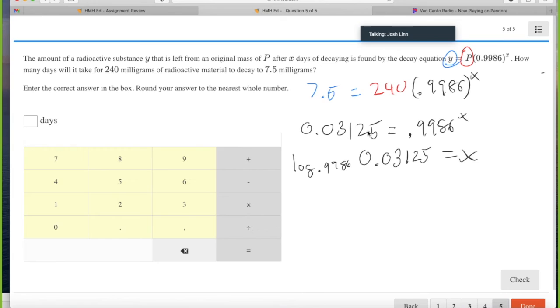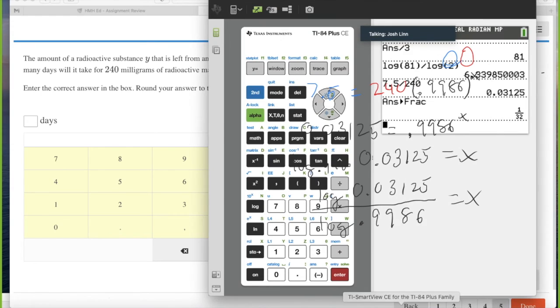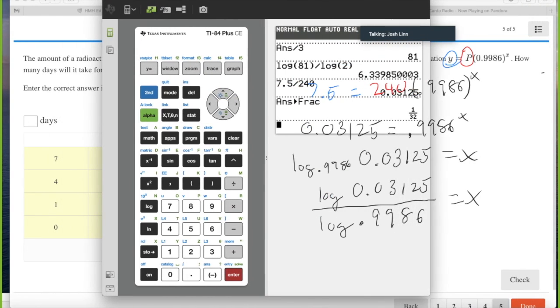So then we don't like log base 0.9986. That is the same as saying common log of 0.03125 over common log of 0.9986 equals x. And here we go, moment of truth.